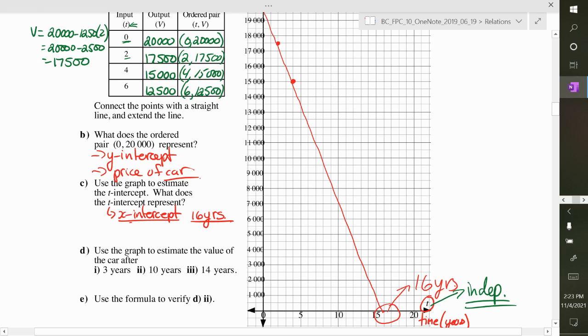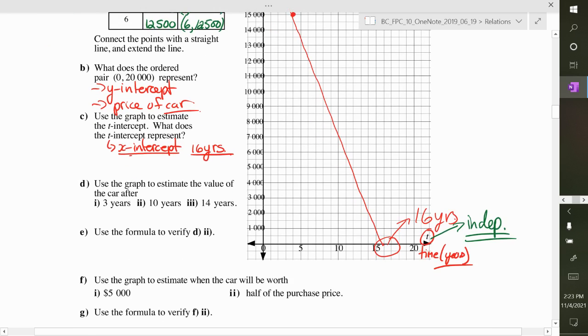So what does that number represent? Ruth? When the car has no value. Now, that's not really realistic, but for the purposes of this, it's when the car has 0 value. All right? Its value is 0.